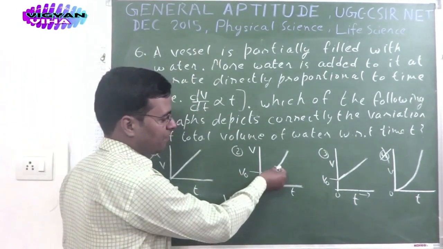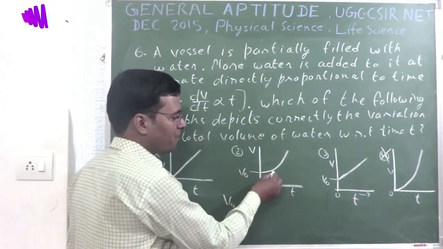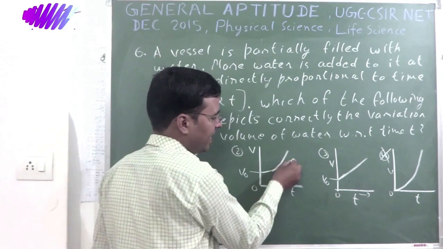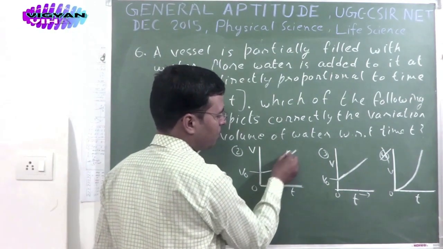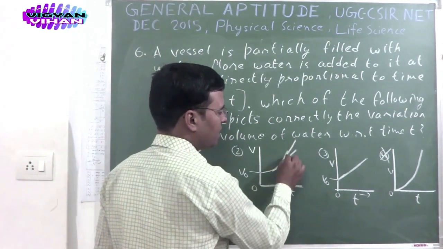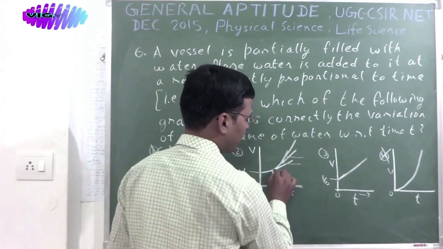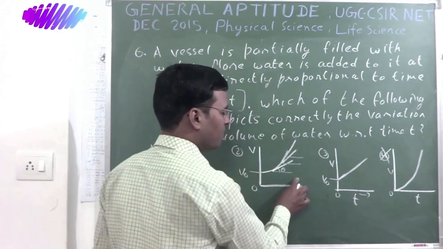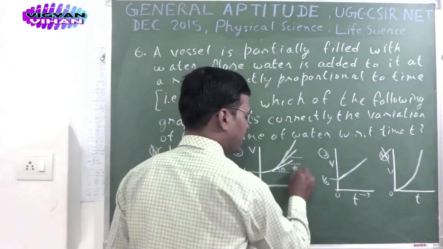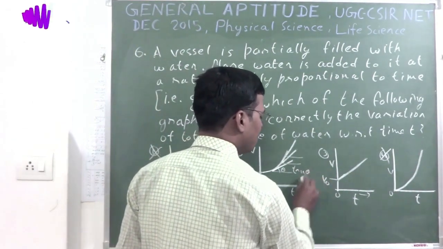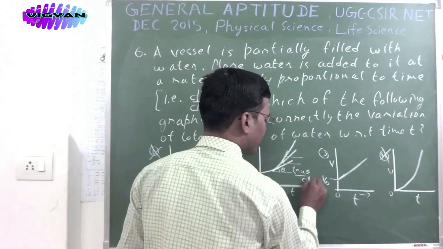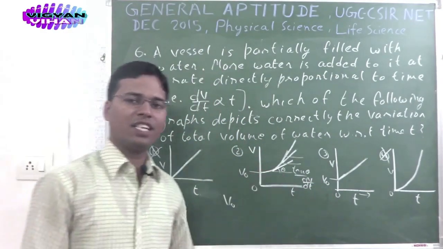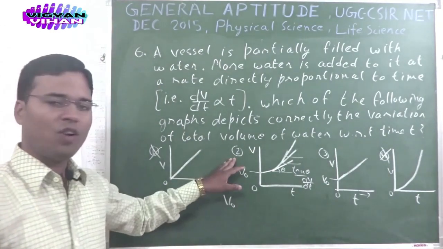In this condition, in option 2, on the curve, if we make any tangent, then its slope will increase with time, because if this angle is theta from the time axis, then tan theta will give you the value of dV by dt. So the correct answer of this problem is option 2.